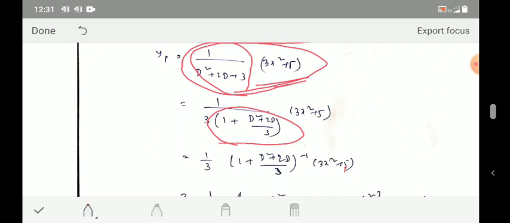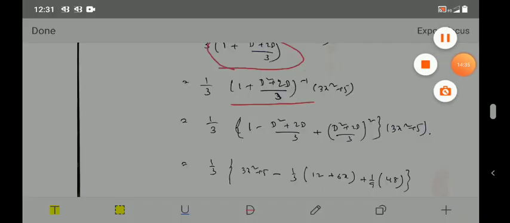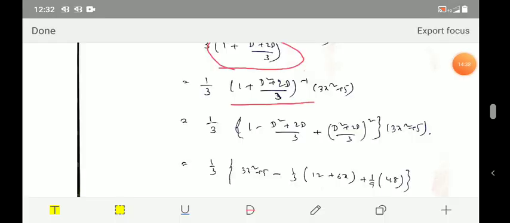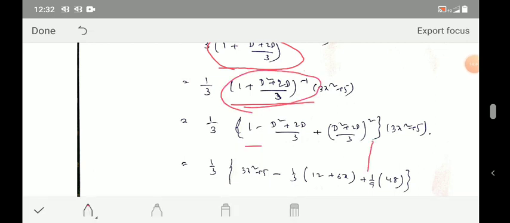Then it will be 1 plus D square plus 2D by 3, whole to the power minus 1, times 3x square plus 5. Then we will expand this term in this way.